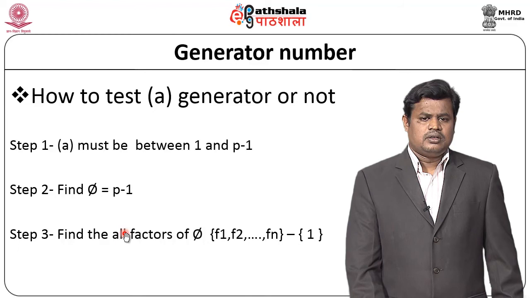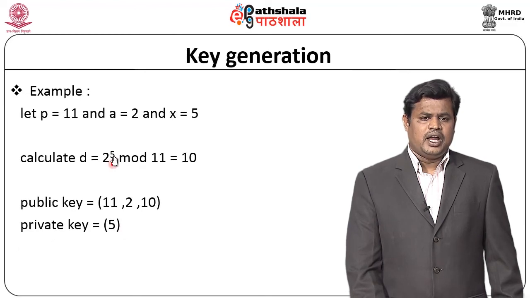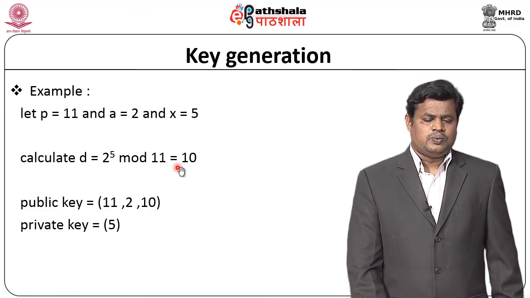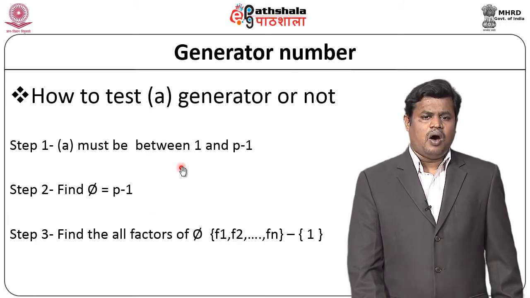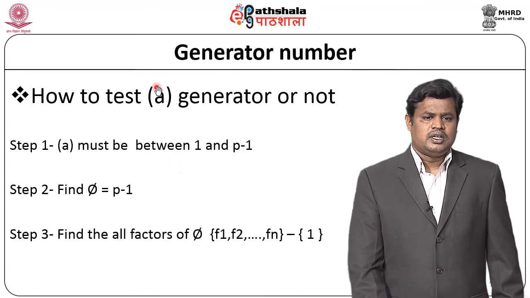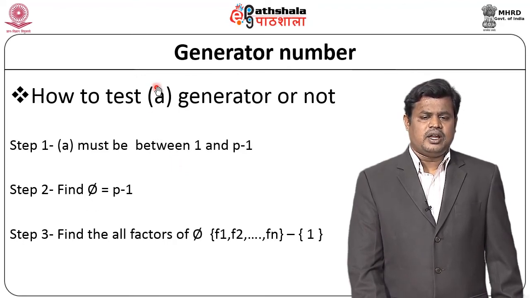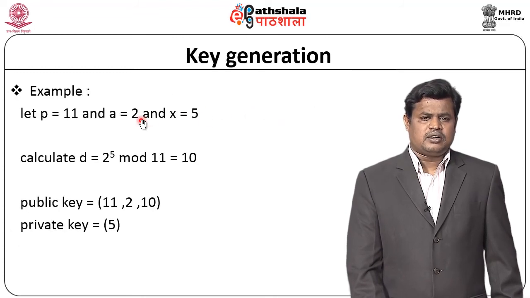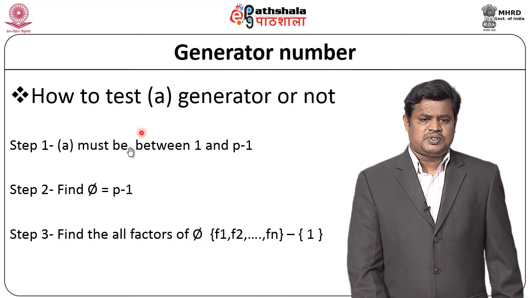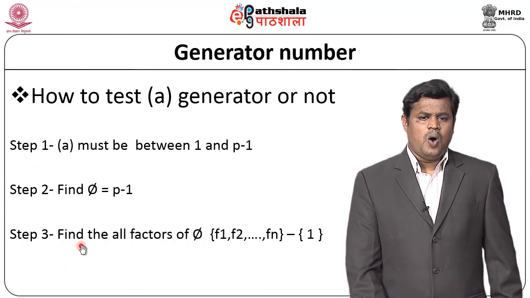Here we have taken a as a generator for generating E2, right. In this case, how do you select a number, and decide whether it is a generator or not? How are we deciding on a? These steps will explain how to choose a generator, such that it must be between 1 and p minus 1.